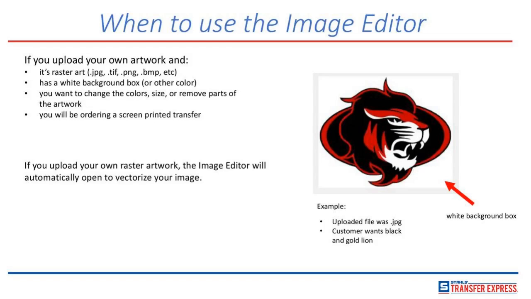So again, that's one of the other benefits to using the image editor. Now, if I wanted to change some colors on this lion, that's another reason I would want to use the image editor. If I wanted to make all of his red areas gold, let's say, like maybe my high school's colors are red and gold, and I need to put this on a red jersey. So I don't want the red lion, I want a gold lion. If that's the case, I can't do that with a bitmap because I can't click on these red areas.